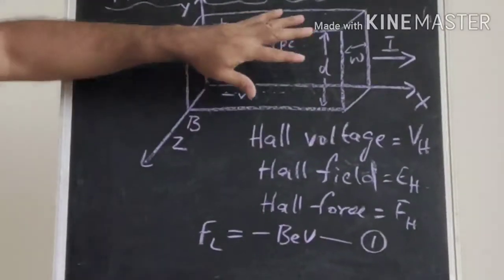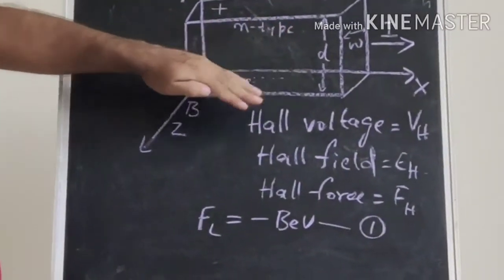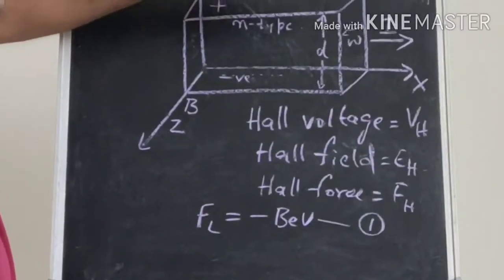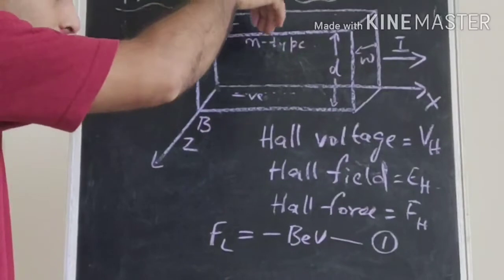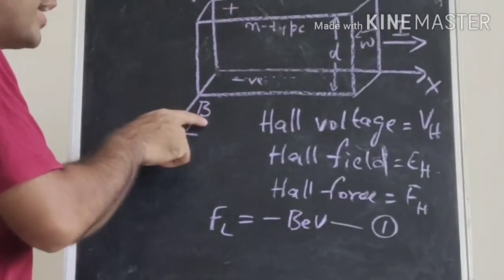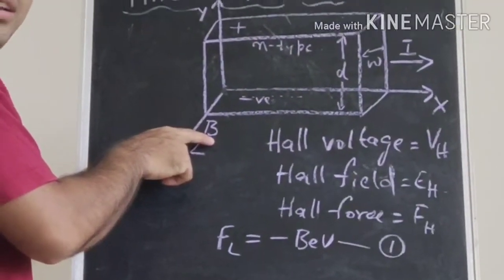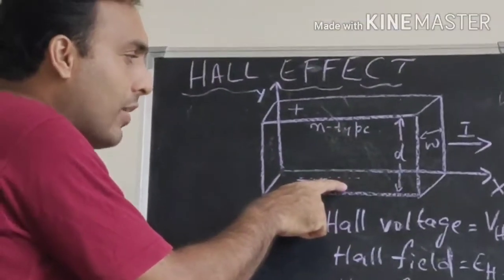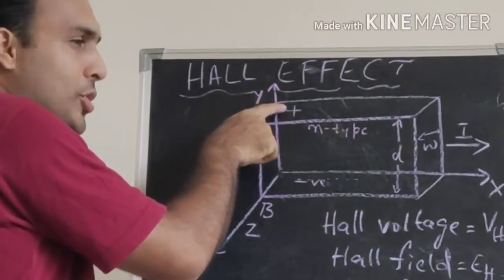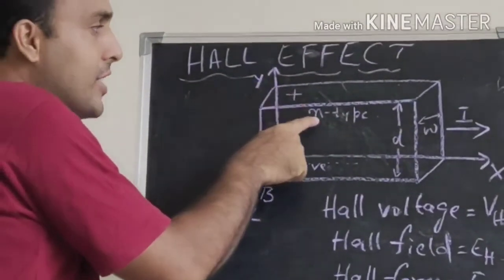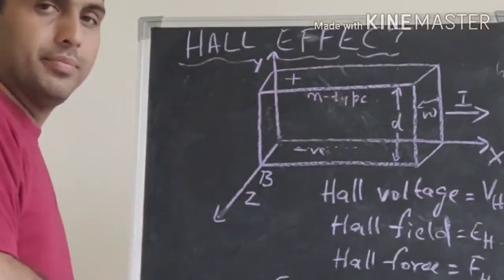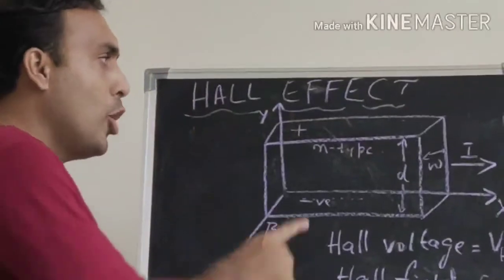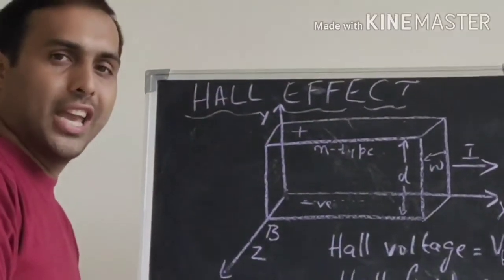Now, in case of N-type material, the charge carriers are electrons. Therefore, electrons are pushed in the downward direction due to the application of the magnetic field. Negative charge develops in the lower end, and the upper end will be positive. But if you use P-type material, holes are the majority charge carriers.